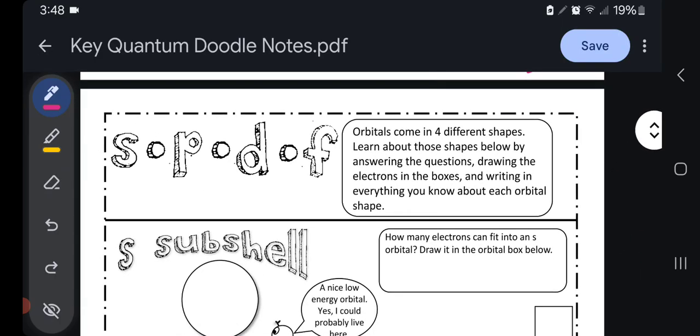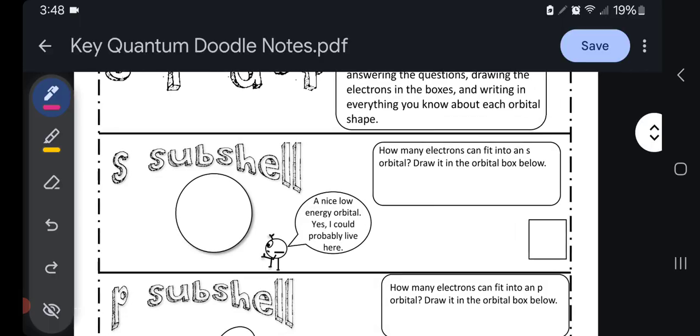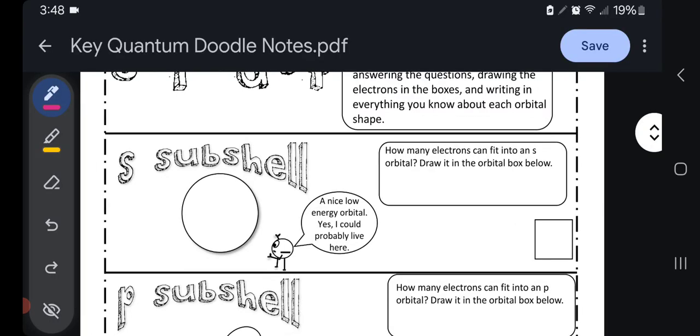Okay, so orbitals come in 4 different shapes. Learn about those shapes below by answering the questions, drawing the electrons in the box, and writing everything you know about each orbital. So for the S subshell, this means we just have a single S orbital, because S only has one subshell.